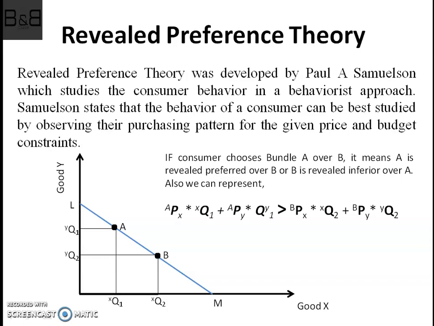If there are two bundles A and B on the budget line LM, and the consumer chooses bundle A over B, then A is called revealed preferred over B and B is called revealed inferior to A, which can be represented in an equation as well that you can see on the screen.